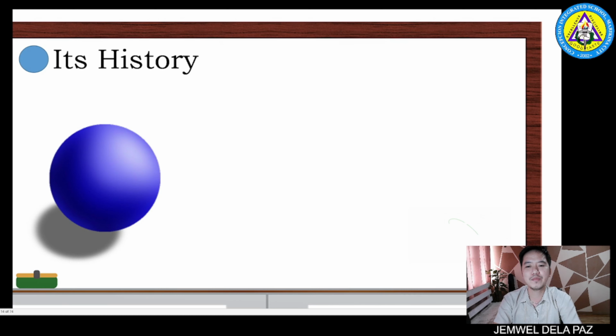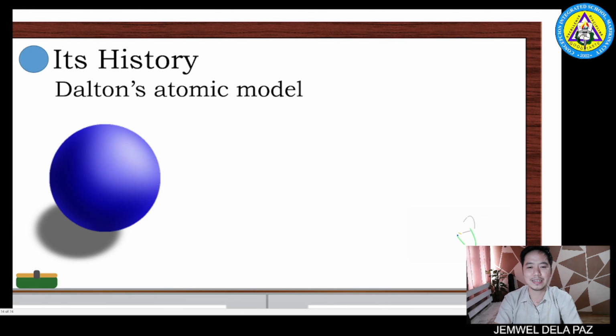The first model was proposed by John Dalton, and we called it Dalton's atomic model. This initiative of John Dalton to describe, to visualize, and represent an atom inspired other scientists to create their own model based on existing facts and theory.